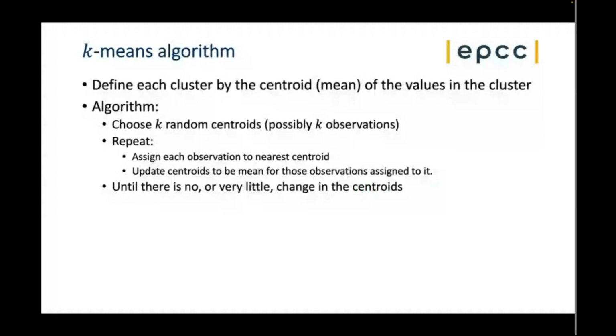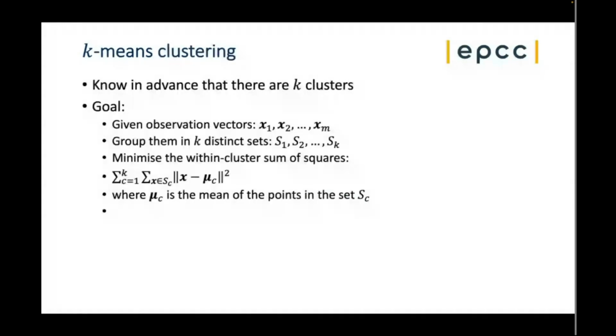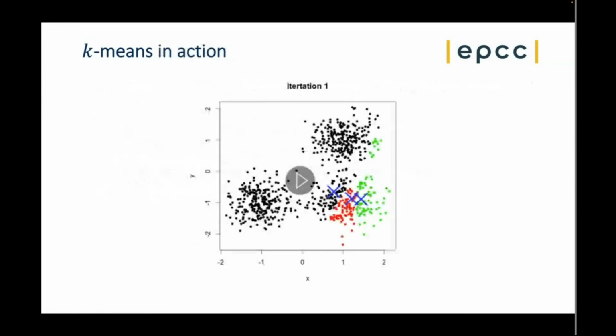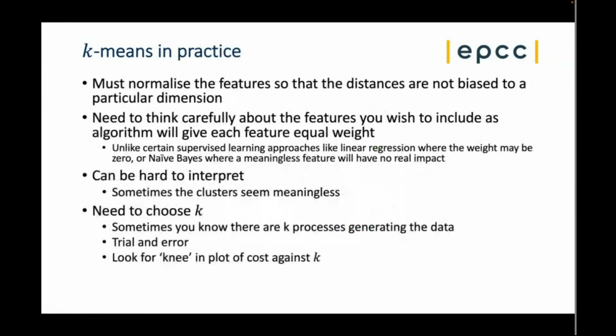And another thing that you can do is to plot the cost that you calculate. The cost here is like the cost function that we talked about in linear regression, for example. In this case, the cost function is the within cluster sum of squares, because this is what we're trying to minimize. So if you plot that cost against K by choosing different values of K, you'll often see a knee, a place where there's the sharpest angle in the plot.